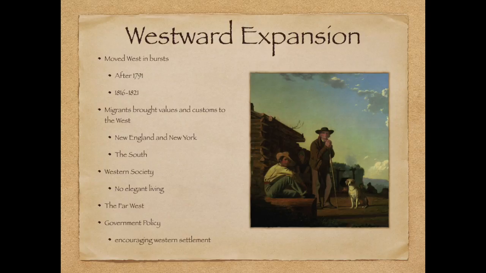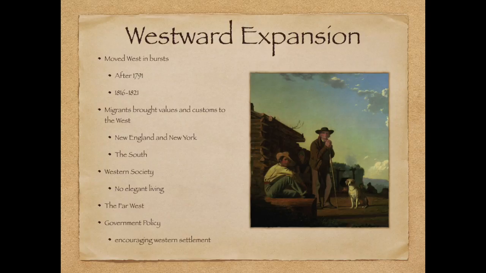And in this burst, you get the addition of states like Indiana, Mississippi, Illinois, Alabama, Maine, and Missouri. Even as states like Indiana and Illinois were gaining statehood, you also have settlers pouring into even more westerly territories, places like Michigan. Ohio's population jumps up from about 45,000 in 1800 to roughly 581,000 by 1820.